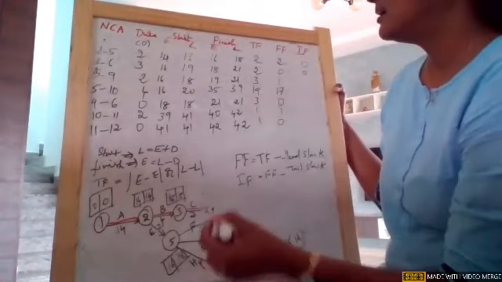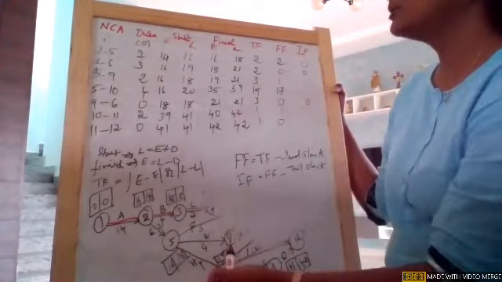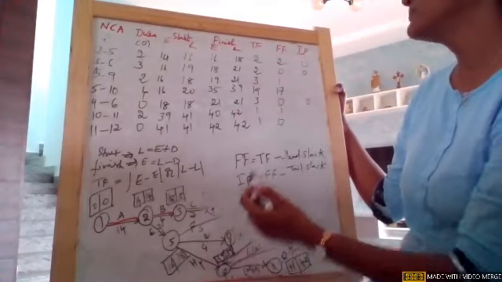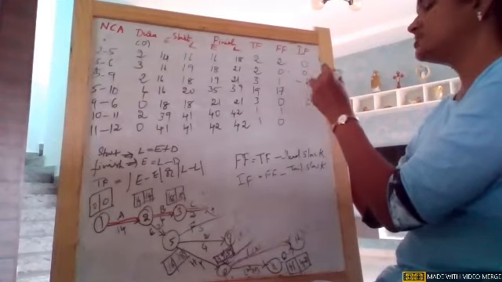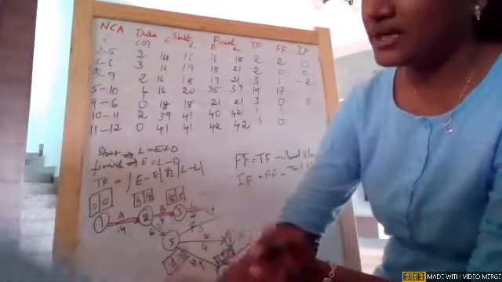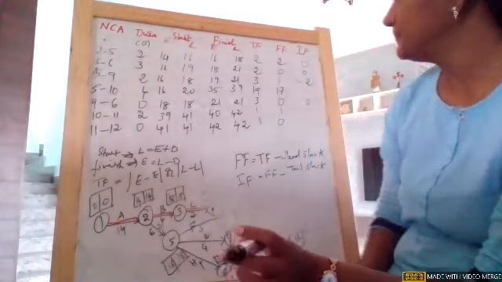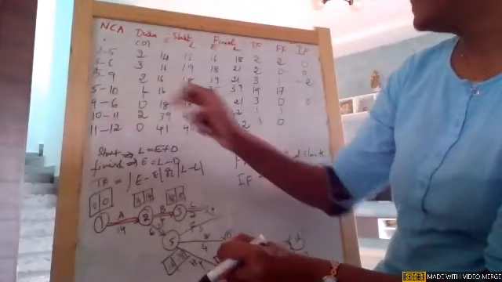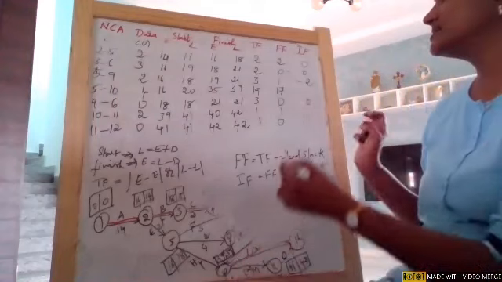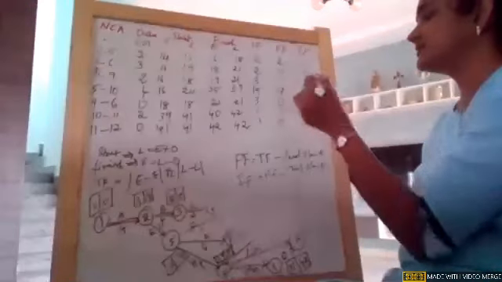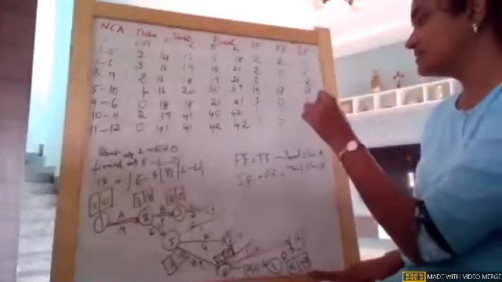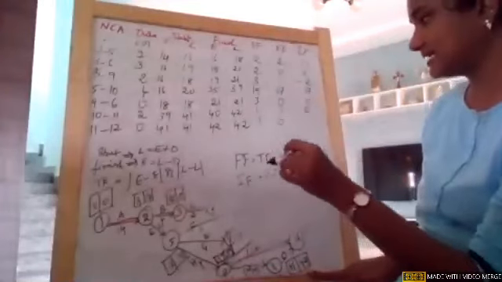On node 9, the slack is 3. So 1 minus 3, it is minus 2. On node 10, the slack is 0. 17 minus 0, it is 17. On node 11, the slack is 1. 1 minus 1, 0. On node 12, the slack is 0.